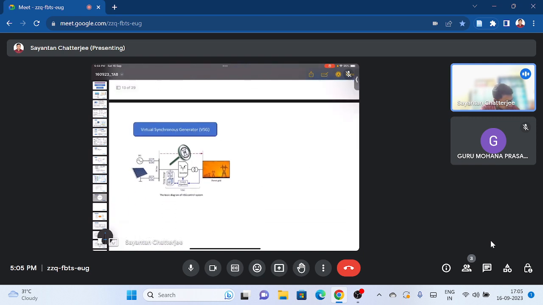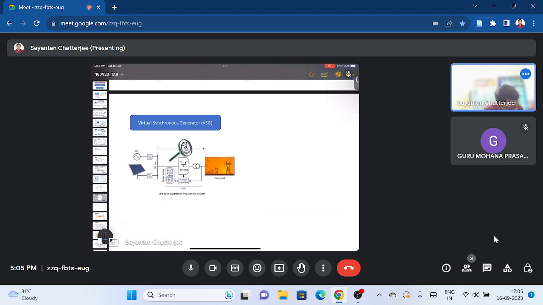So this is mainly the virtual synchronous generator. How can a virtual synchronous generator be developed? Mainly, converter and inverter based improvements need to be done.